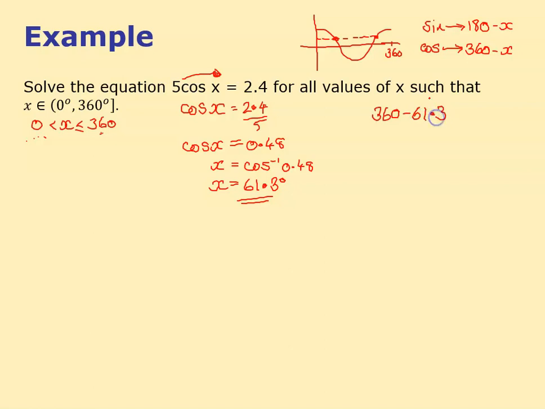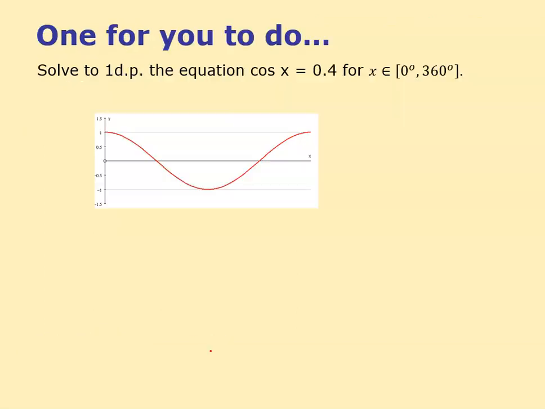Well, it sounds very much like it's marginally under. Just make sure I don't make any down mistakes. It's 298.7, of course it is. So my second answer is 298.7. And notice I'm expected to write them both. Okay. So let's put the answer up, 61.3 and 298.7, perfect.